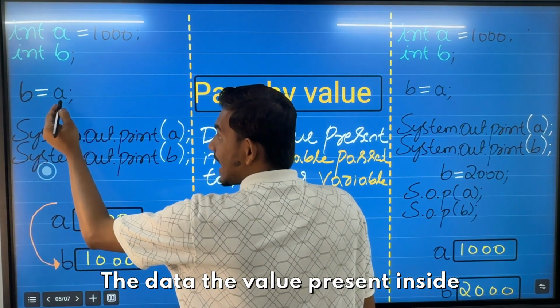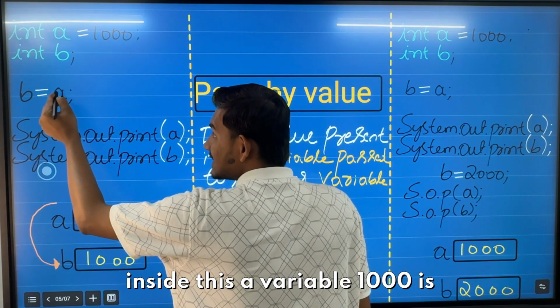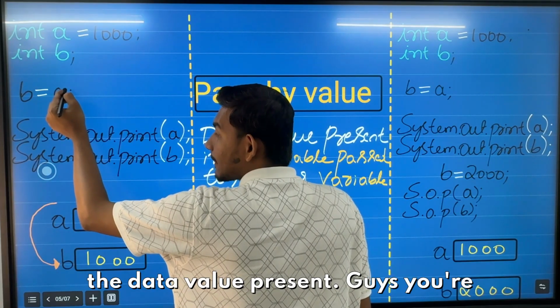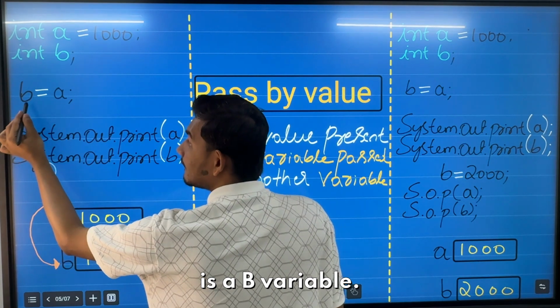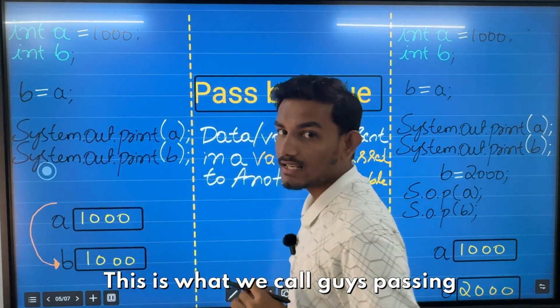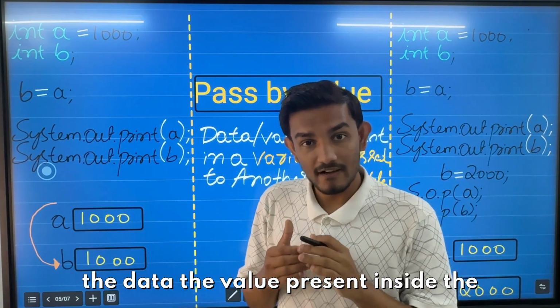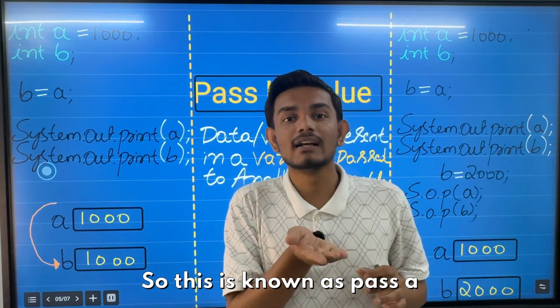The data, the value present inside one variable, here inside this a variable, 1000 is the data value present. You are passing it to another variable, that is the b variable. This is what we call passing the data value present inside one variable into another variable.